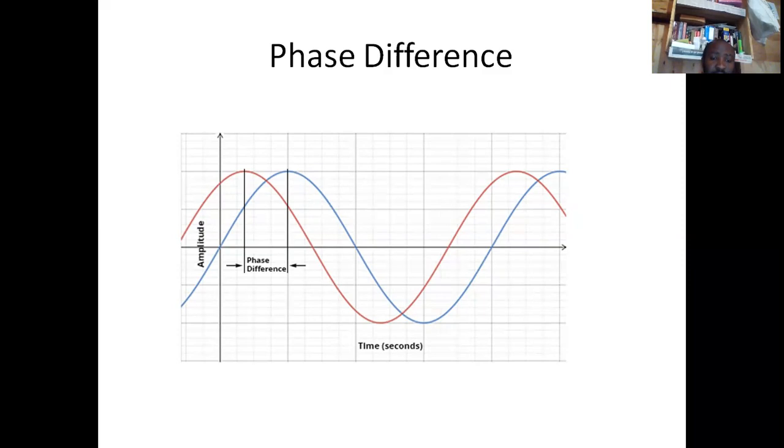If you have two waves that start at the same time and move with the same speed, then we say the two waves are in phase. They are starting at the same time, same position, and moving with the same speed. So they will all be oscillating in sync.